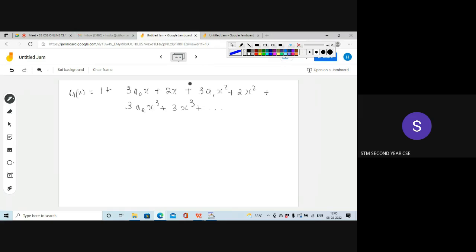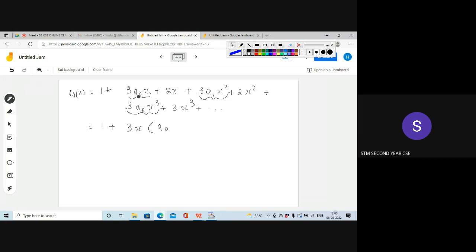Now I'm going to modify this series to a form that is 1 plus, I'm going to collect the 3x terms outside. See, all these terms 3a0x, 3a1x square, 3a2x cube, I group them together and take 3x as common outside.